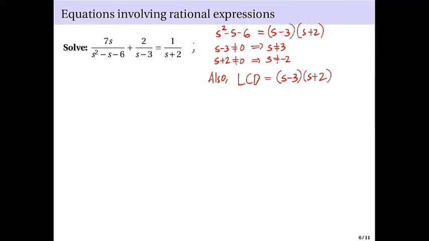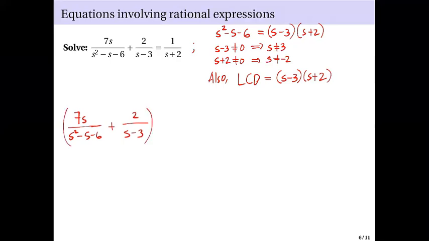So again, we multiply the LCD to the left-hand side and to the right-hand side of the equation, and then we simplify the expressions. So we have 7s over s squared minus s minus 6 plus 2 over s minus 3.